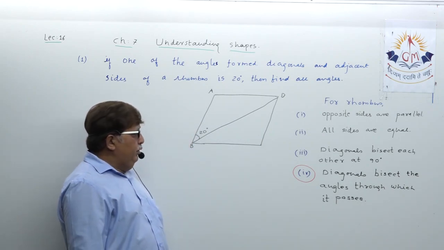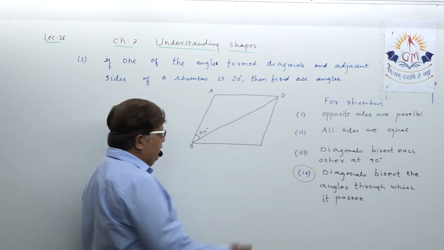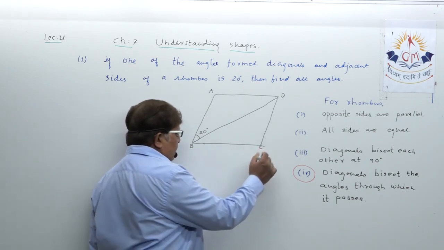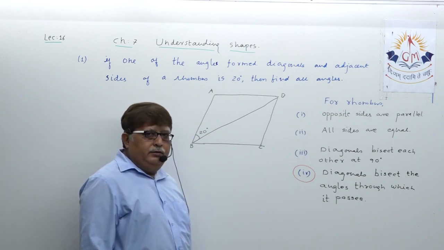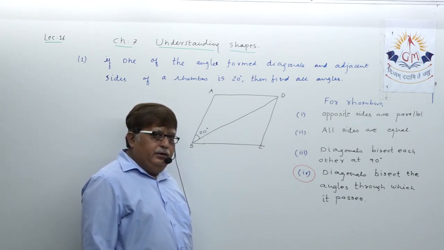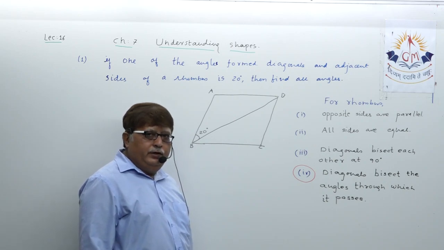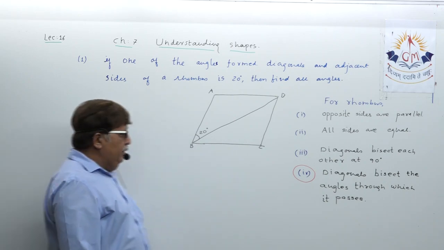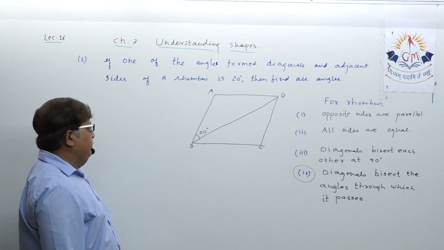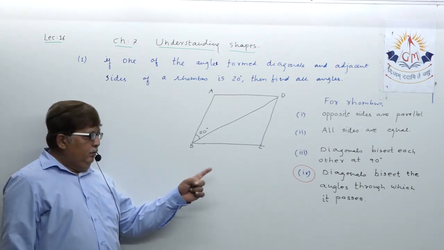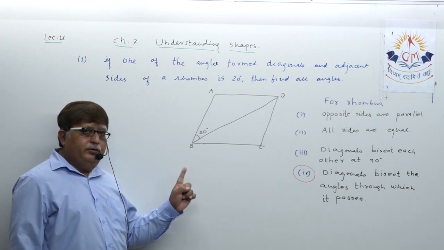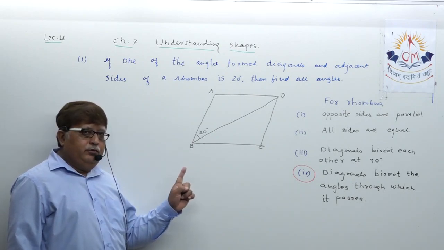What we are looking for is all the angles: angle A, angle B, angle C and angle D. We are looking to find all the angles. So now, dear student, how does this fourth property come to our help?